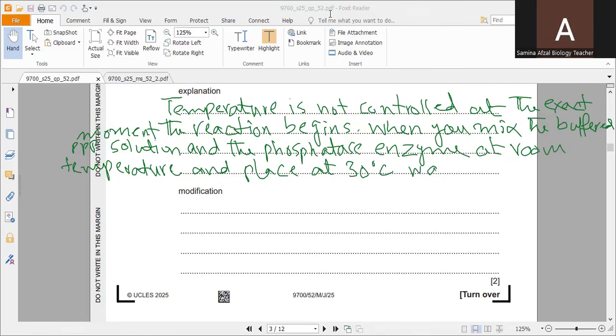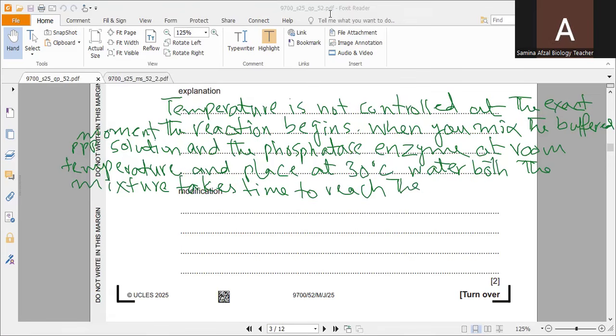The mixture takes time to reach the target temperature in the water bath. So it can cause errors in the experiment because of the difference in temperature.